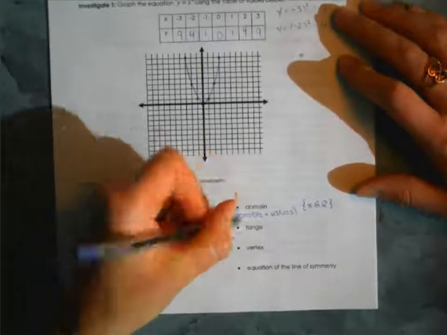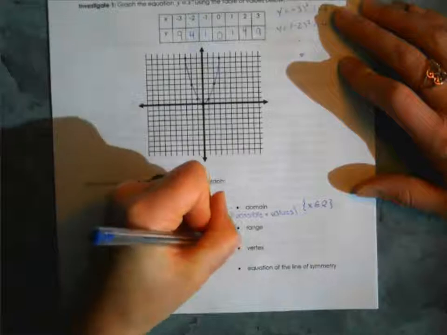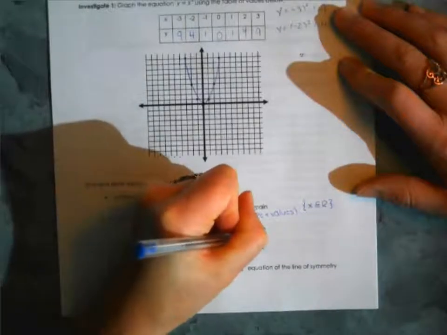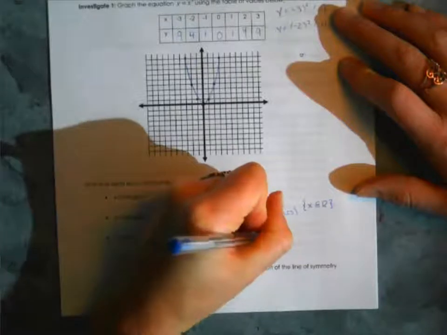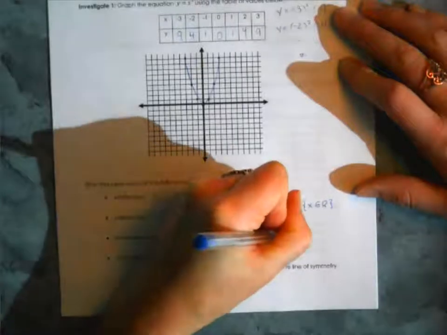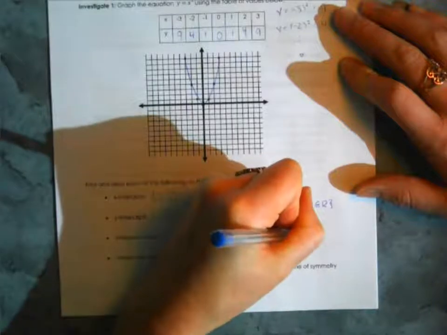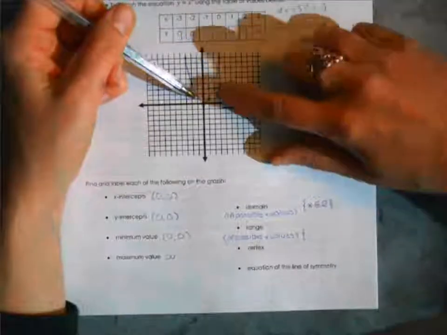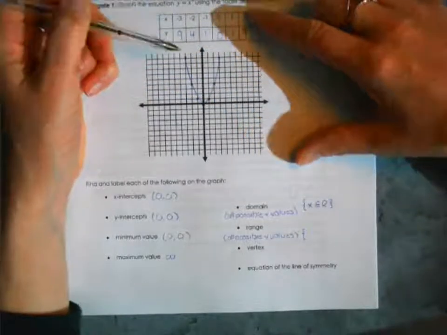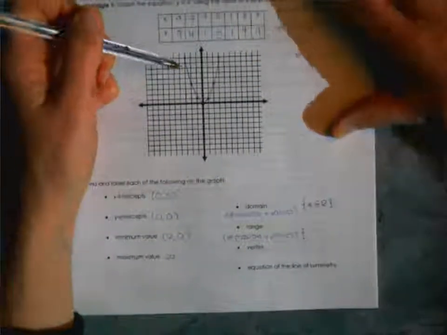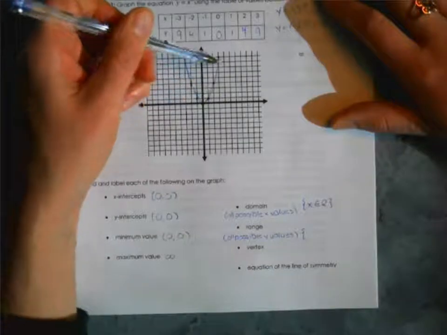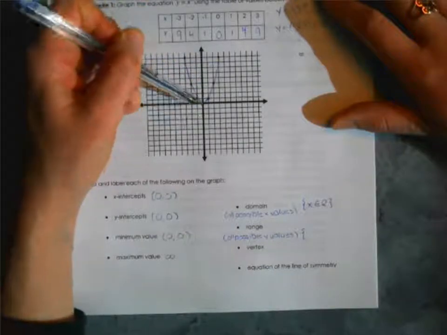And then we also have range. So all possible, you can probably guess what this is, y values. Okay, so again, we do our kind of curly bracket. Now with the y, it's a little bit trickier because the y can continue to go up into infinity. So you might think it's just going to be y is equal to all real numbers. But there is one limitation, which is that because the graph kind of stops here before it turns back up, it can't be lower than that point.